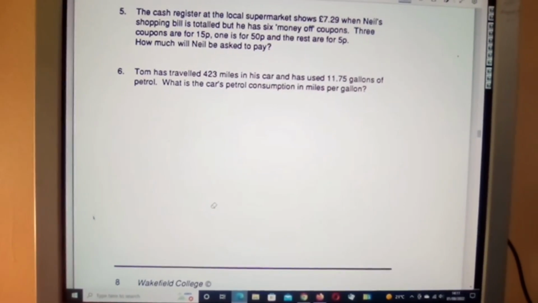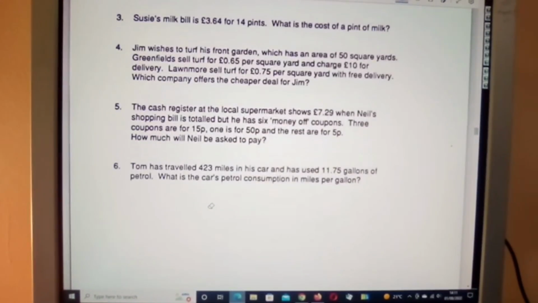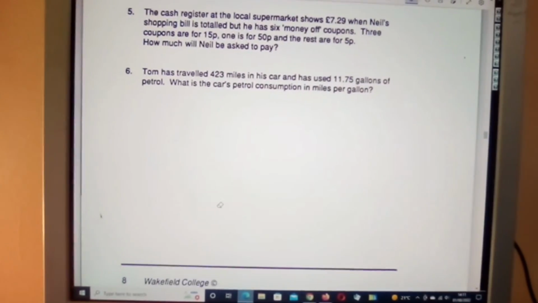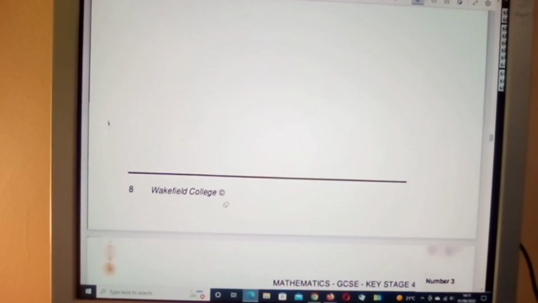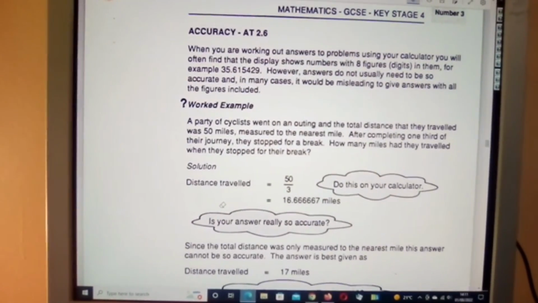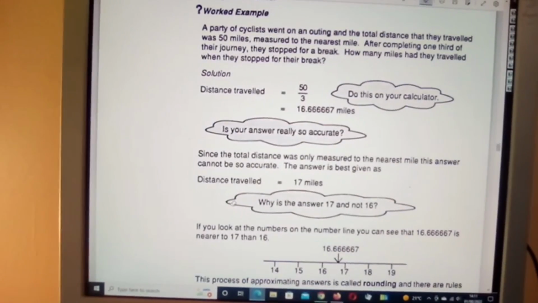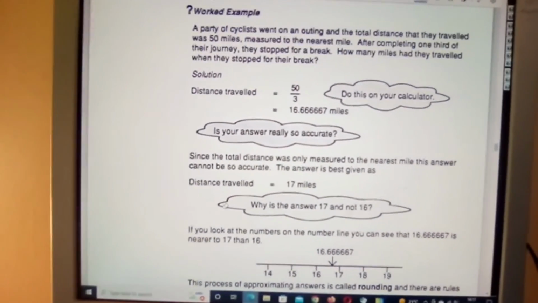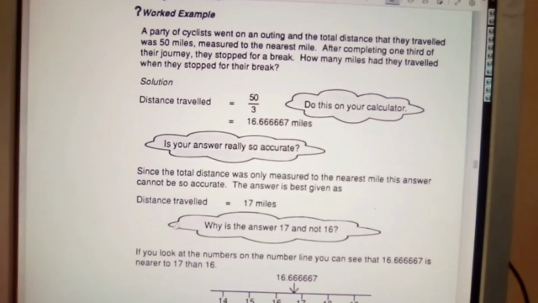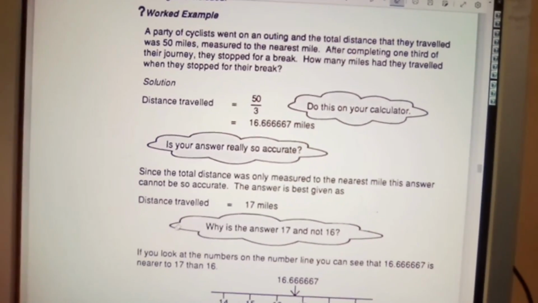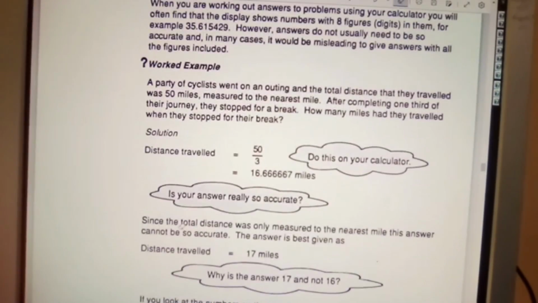Okay, there we are, clean as a whistle. What we're going to be looking at next time round is the accuracy of certain measurements, and how to make measurements more accurate for ourselves and to make it easier to read overall.